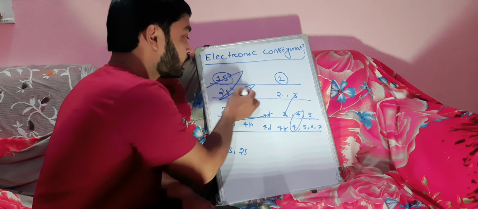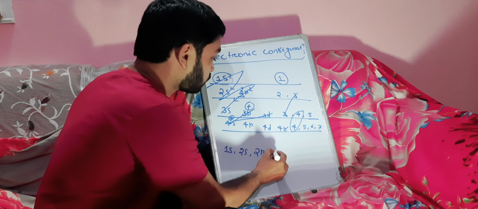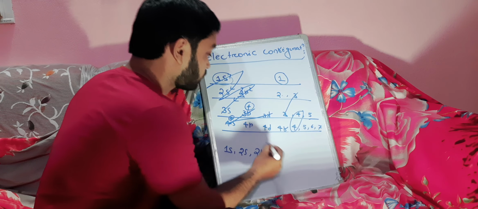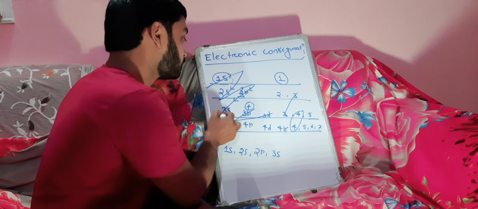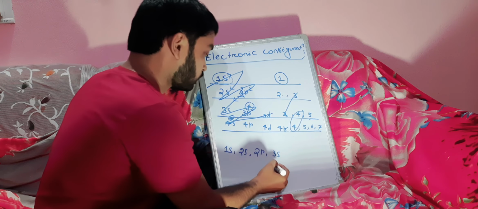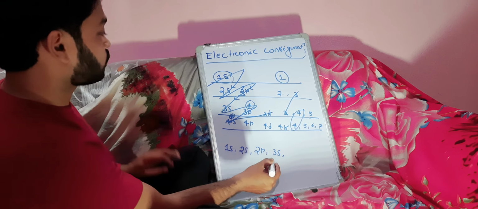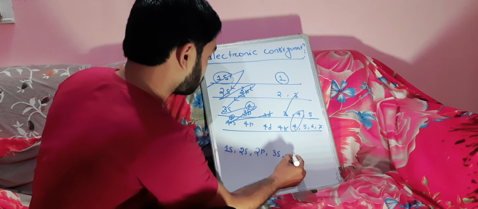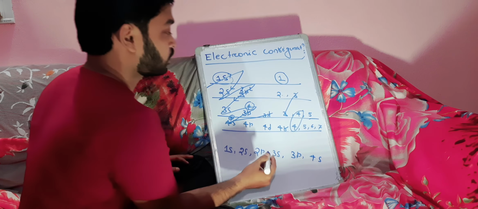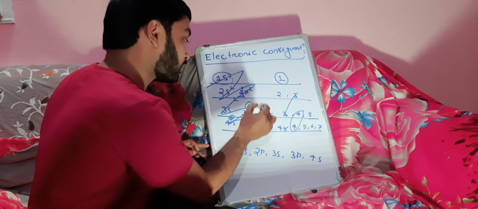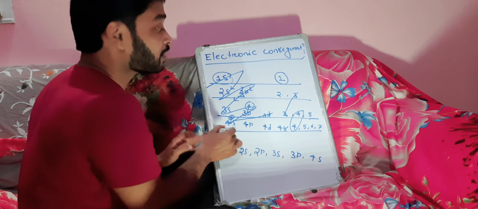Due to lower n value, 2p comes first, and the next one is 3s. And after 3, we are going for 4. That means 3p and then 4s. So we can go for 5, but I am not going for that. So 3d will be 5, 4p will be 5, and 5s will be 5.